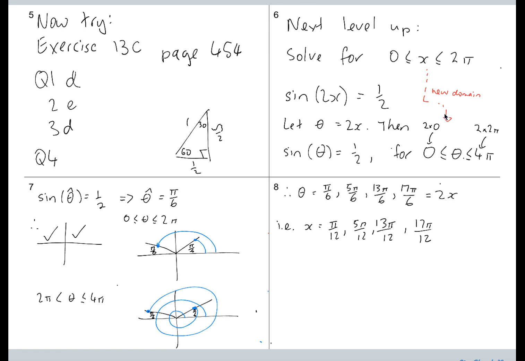So that's it. You might notice that this domain stretches from 0 to 4 pi. This domain, once I've divided by 2, look at those values. They go from 0 up to, remembering that 2 pi would be 24 pi on 12, it's still underneath 2 pi.